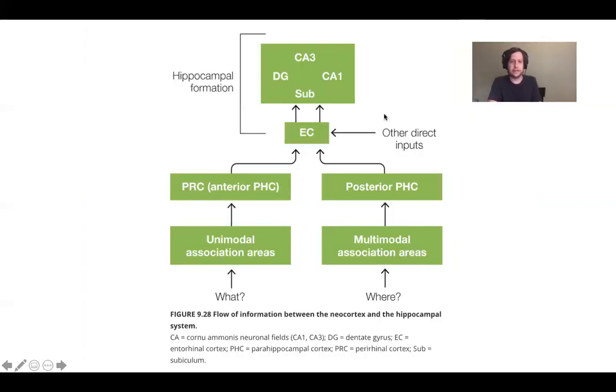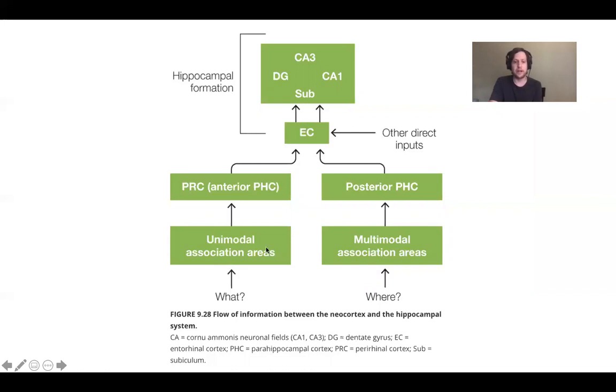So here is a kind of complicated diagram, but it's giving some important information about these 4 different regions of the medial temporal lobe, and their potential functions for the forming of long-term declarative memories. And so you can see there's kind of these 2 input streams. There's a what input stream and there's a where input stream.